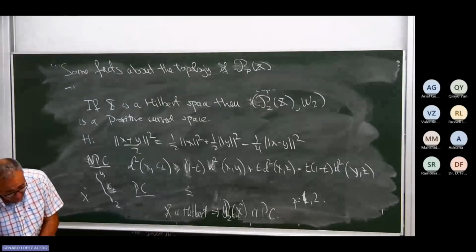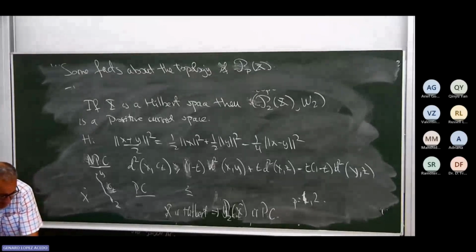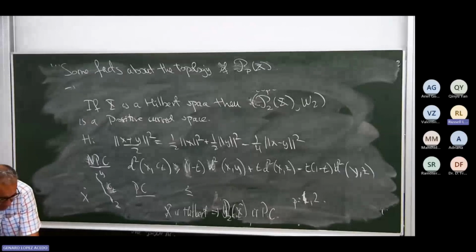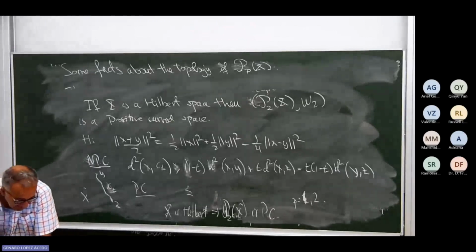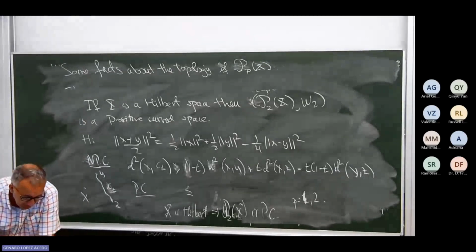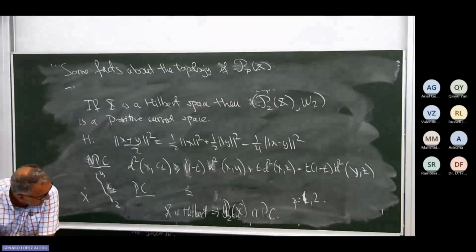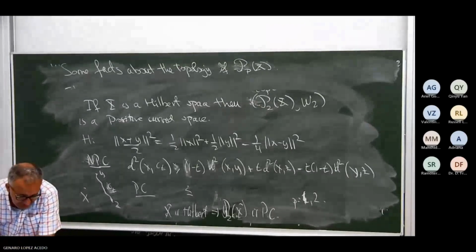If you want to see them as a kappa space, the kappa would be positive, but a kappa space is a space with curvature bounded above. We should look at those spaces as spaces with curvature bounded below.